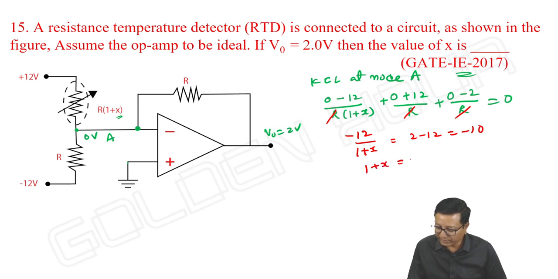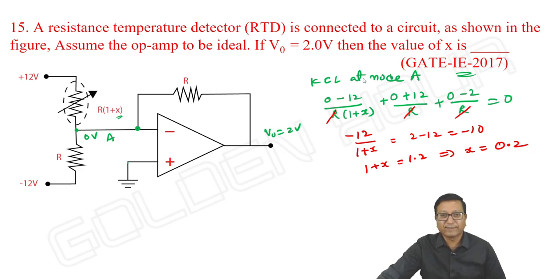So 1 plus X is equal to 1.2, which implies X is equal to 0.2. That's it, as simple as that.